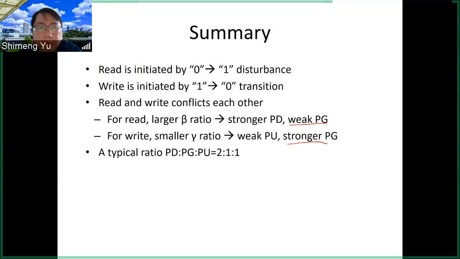Because both read and write processes will go through the cascade transistor, the cascade is shared in the read mode and the write mode. Then one is to change the data, the other is not to change the data. Then you have the fundamental conflict. Or in other words, you can think this way. You have this latch in the middle, right? And then you have this cascade.